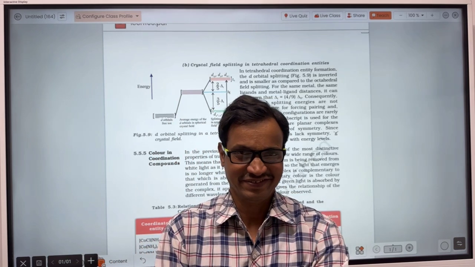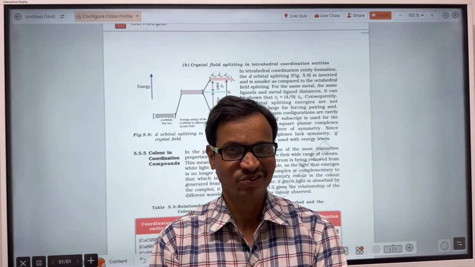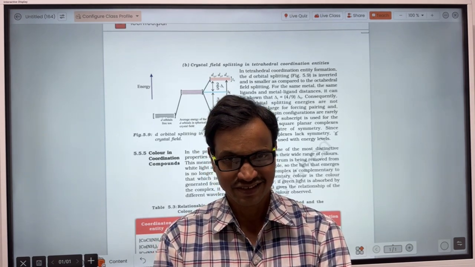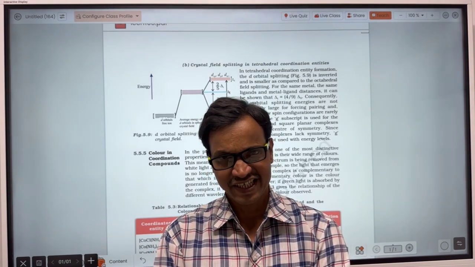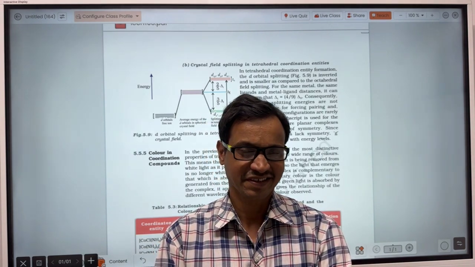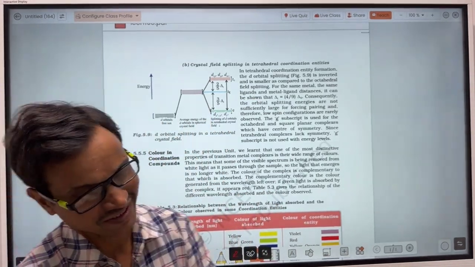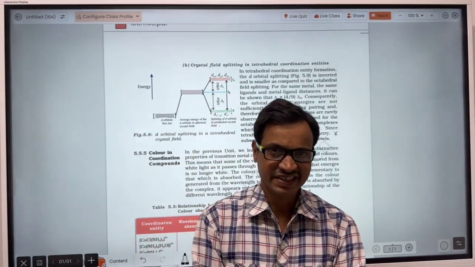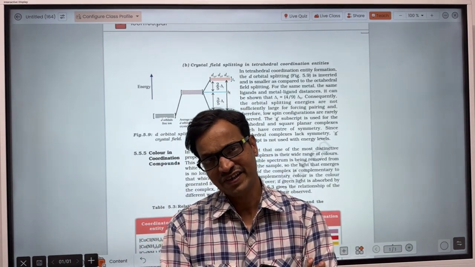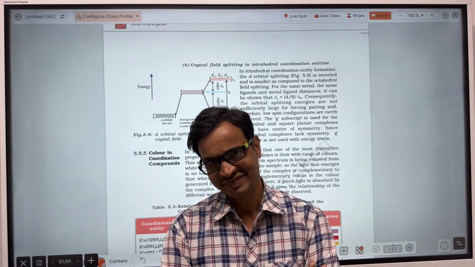The difference between the bonding in octahedral complex and tetrahedral complex is that in octahedral complex, the energy of dxy, dyz and dxz was decreasing, and that was called the T2g energy level, while the energy of dx square minus y square and dz square were increasing, and that was called the Eg energy level.